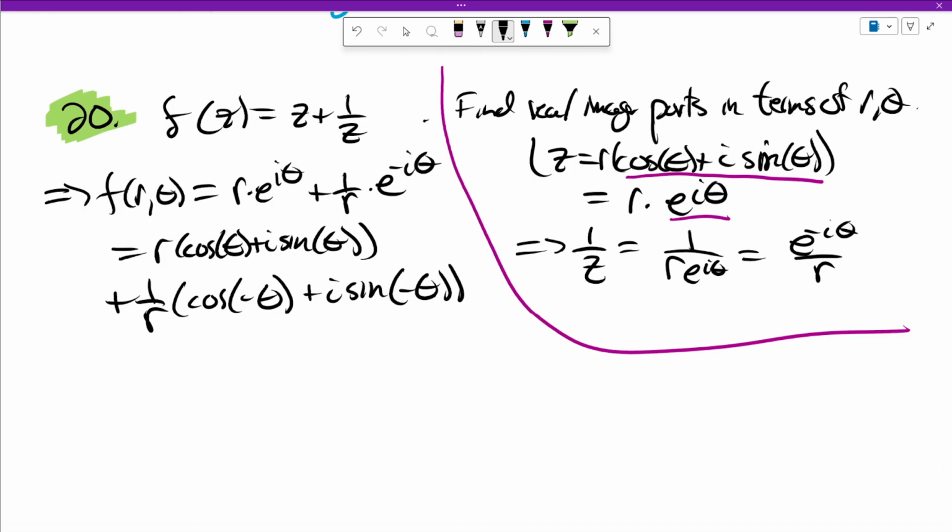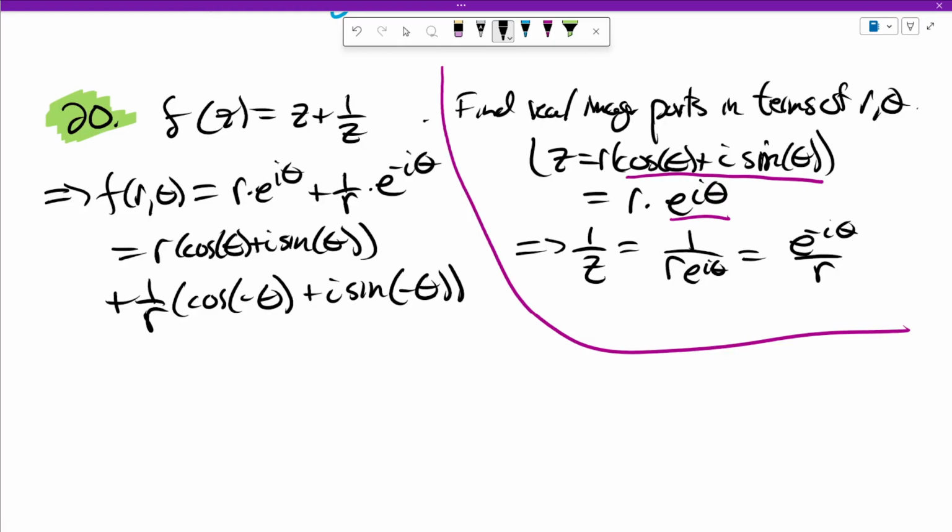Now, cosine of negative theta plus i sine negative theta, that's e to the negative i theta. That's just the conjugate of this one, actually, because if I go theta counterclockwise around the circle, and then I conjugate, that's the same as going negative theta. I just flip over to the other side.